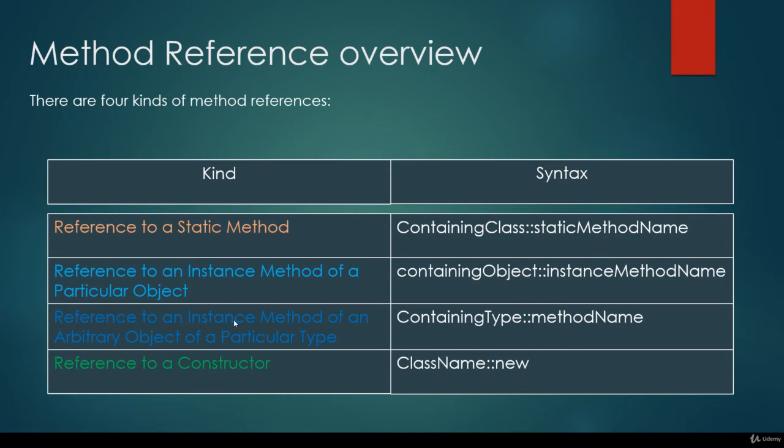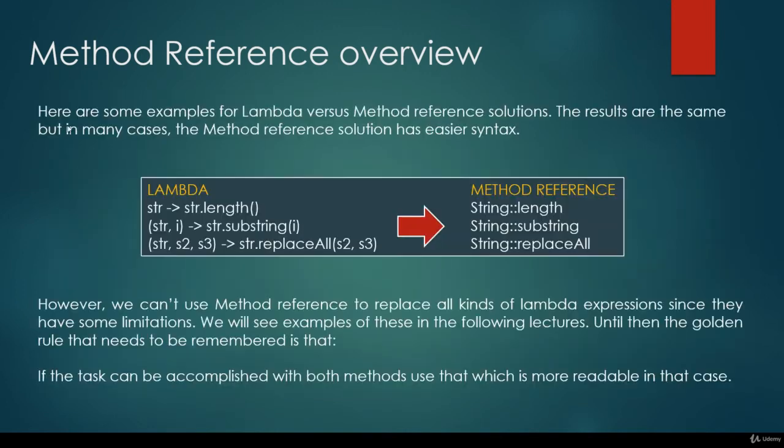What about a reference to an instance method of an arbitrary object of a particular type? In this case, we use the containing type, double colon operator, method name. As far as a reference to a constructor is concerned, we use the class name, the double colon operator, and the new keyword. We are going to talk a lot more about concrete examples, and it's going to be clear. So here are some examples for Lambda versus method reference solutions.